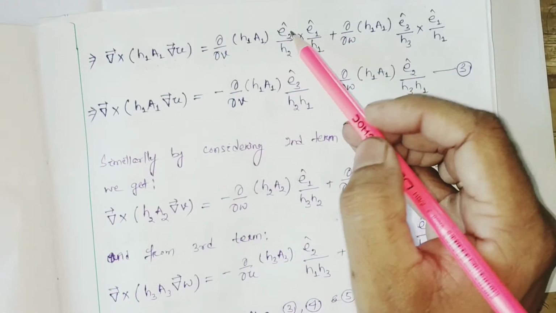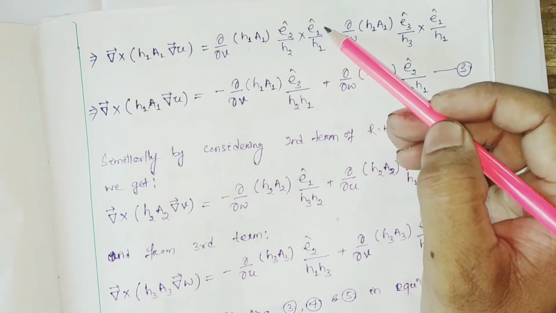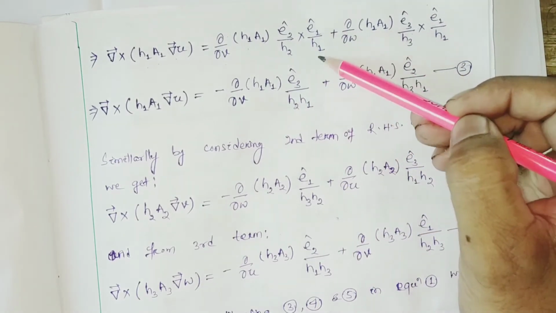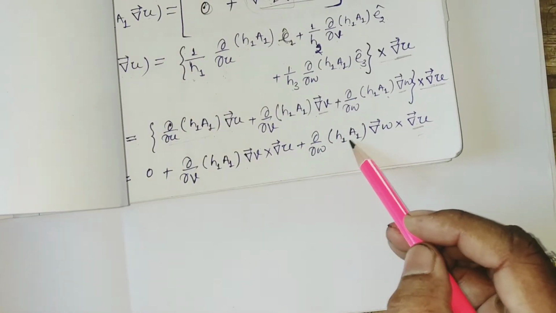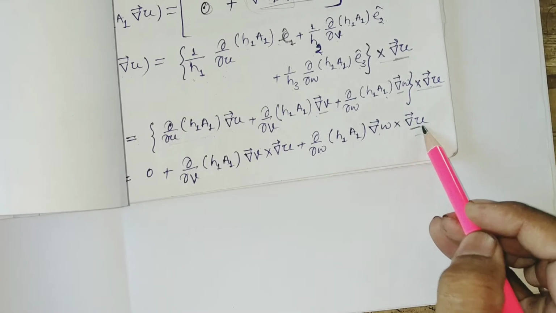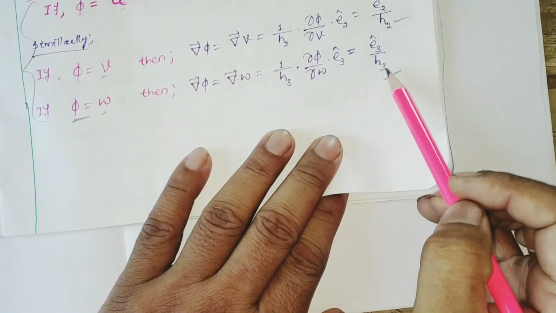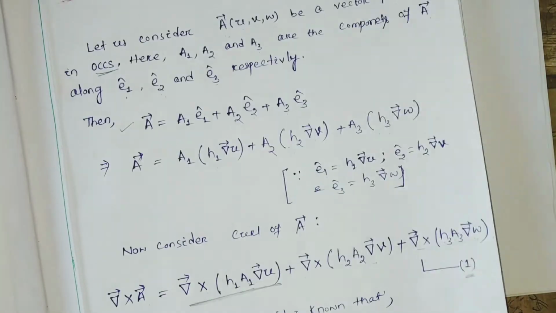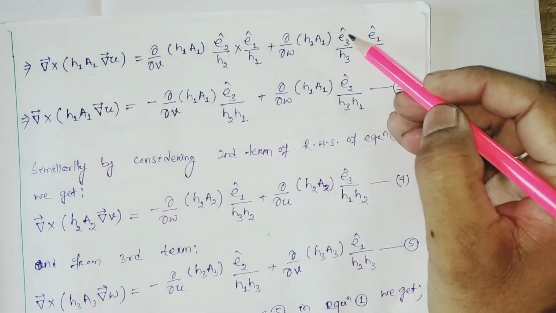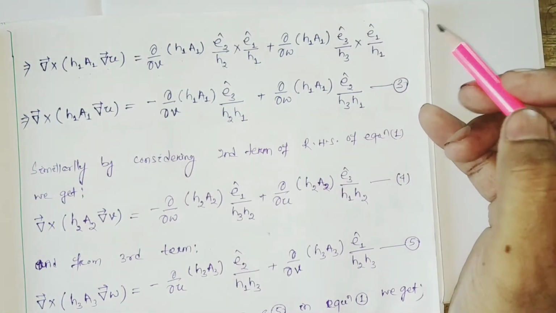So instead of del V, E2 cap by H2 cross E1 cap by H1 del U will be written, plus del by del U of H1 A1 del W cross del U. Del W can be written as E3 cap by H3 and del U we know is E1 cap by H1. Same thing it has been written, E3 cap by H3 cross E1 cap by H1.